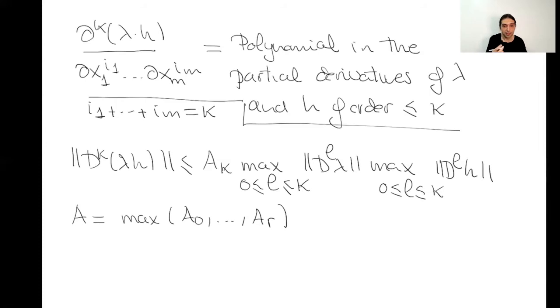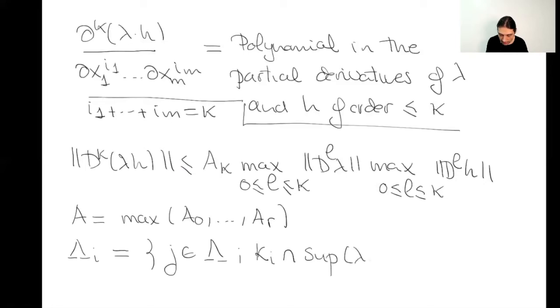We are trying to find a C-infinity map in a neighborhood of that F. We are going to define here lambda I, which is a subset of lambda, consisting of the points j of lambda such that ki intersection the support of lambda j is non-empty.